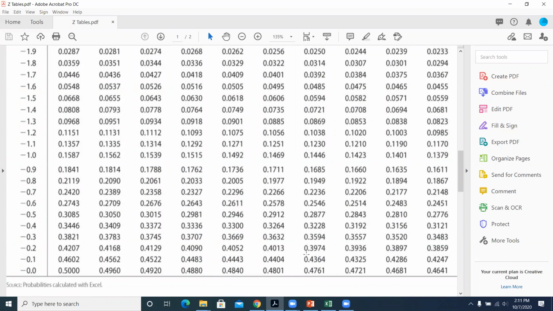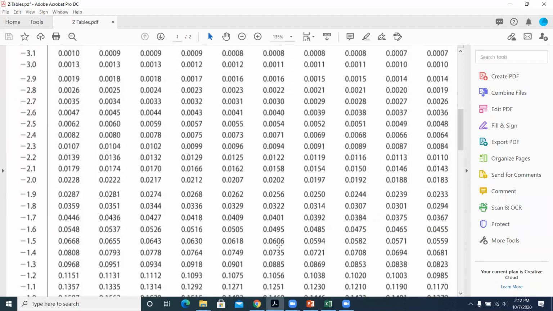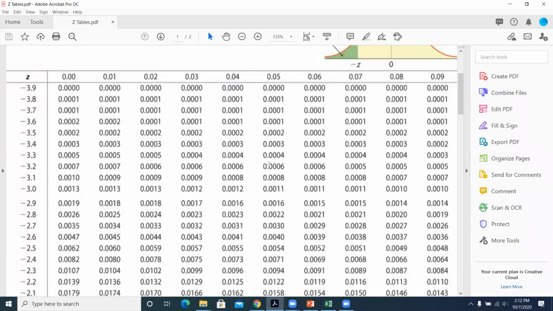Now, I could say it's a little bit closer to this one, but for simplicity, to make sure we're always doing the same thing, if you're in between two values, I'm just going to choose the highest of the two, the highest in magnitude. So here we're in between negative 0.25 and negative 0.26, so we'll use negative 0.26, okay?